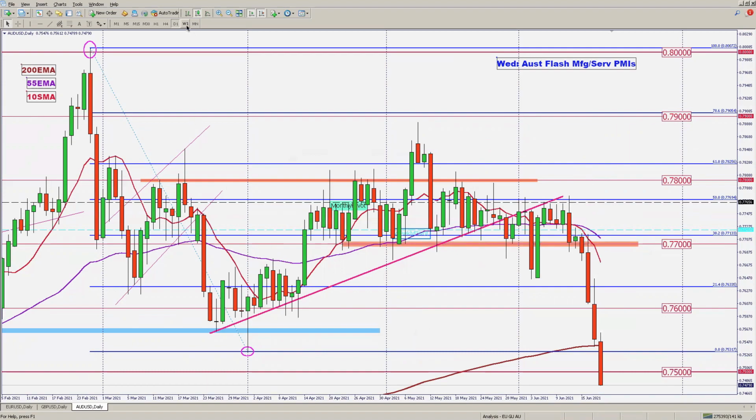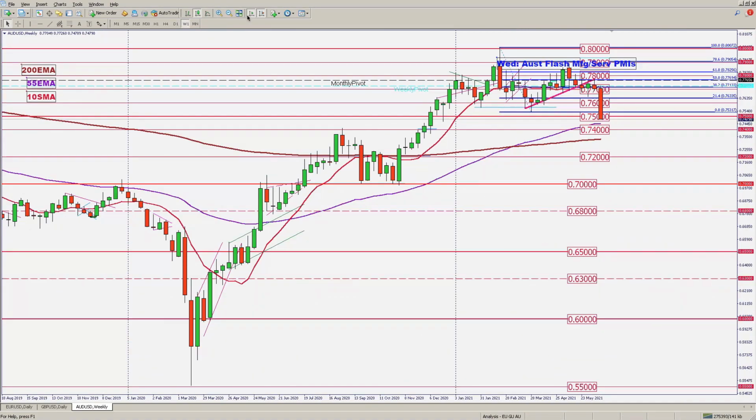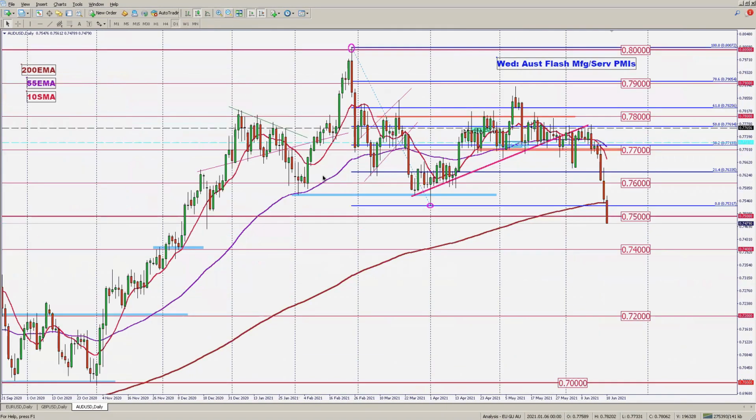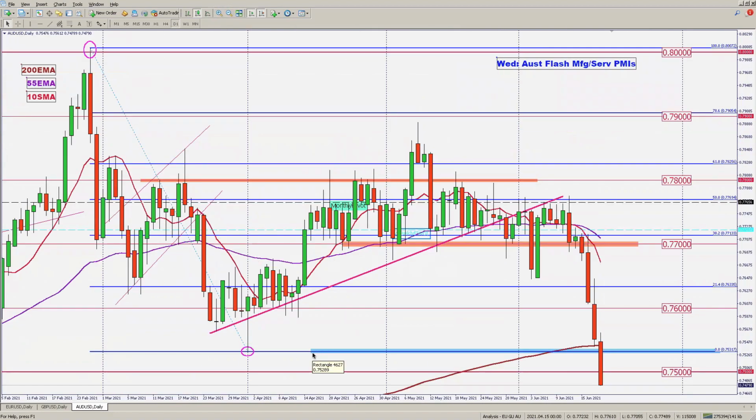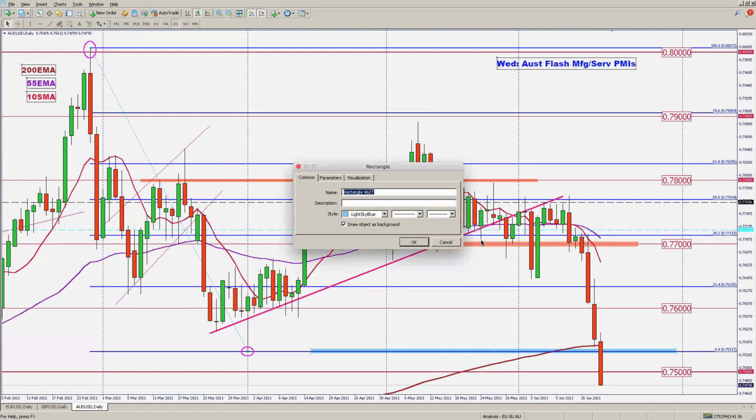And there was a support area, which I think we can remove now, and probably move this over to this swing low at the fib along with the daily 200 EMA. So that's going to be resistance.